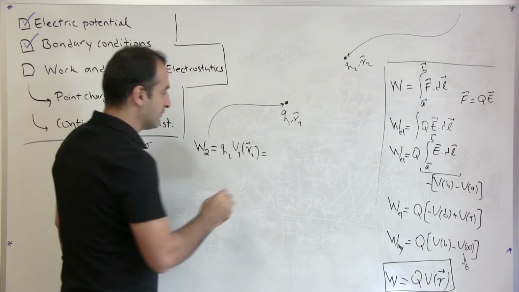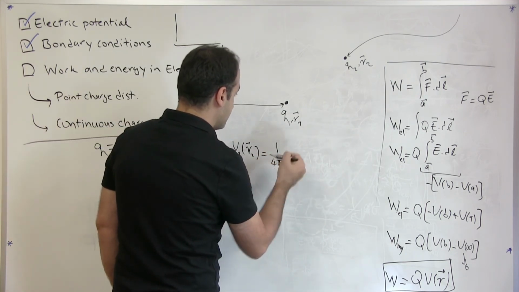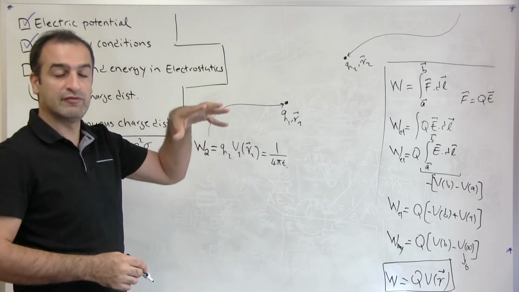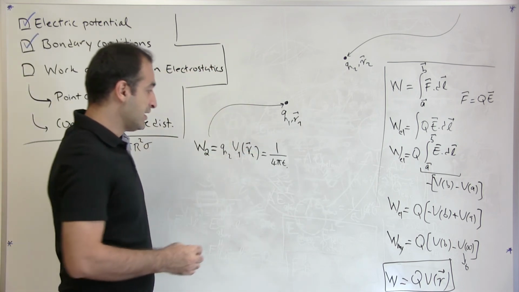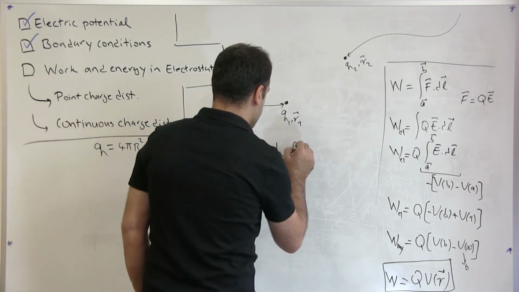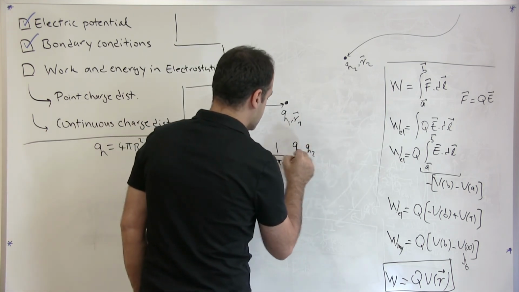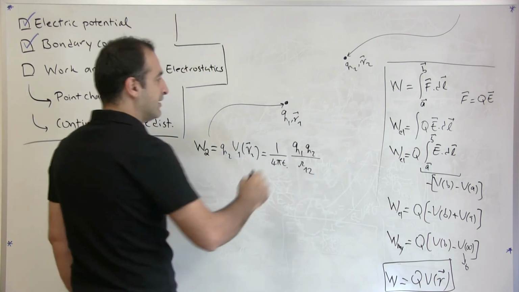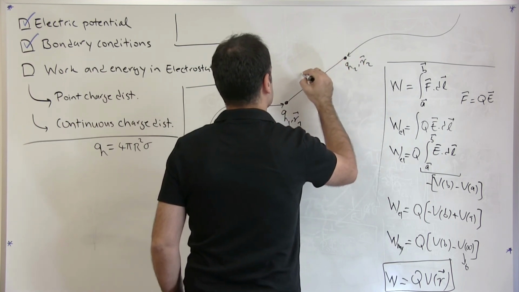The simple way of writing that is 1 over 4 pi epsilon 0, because we know that the potential created by Q1 is 1 over 4 pi epsilon 0, Q1 over R. So this is going to be 1 over 4 pi epsilon 0, Q1 Q2 divided by R12, and R12 is the distance vector from number 1 to number 2.